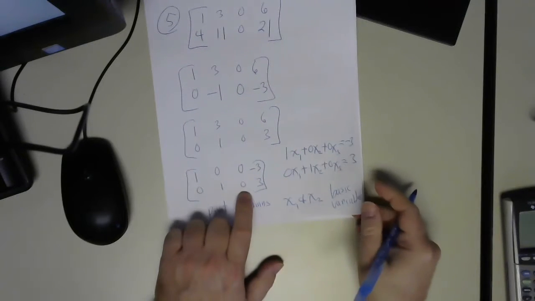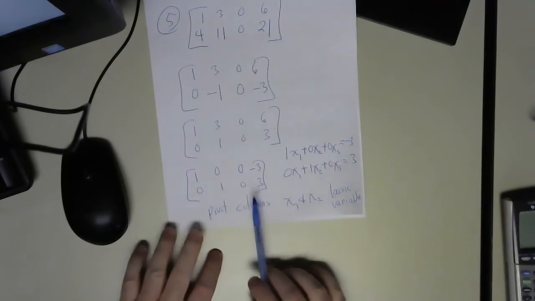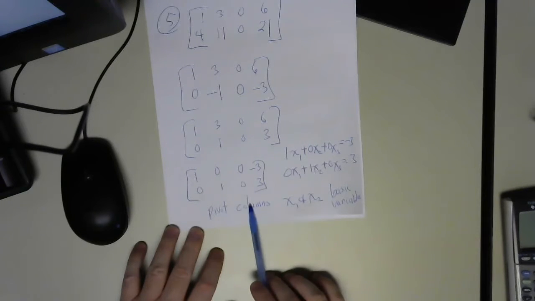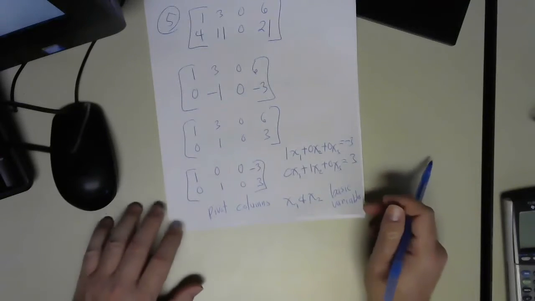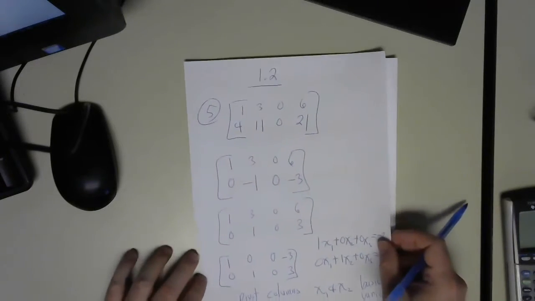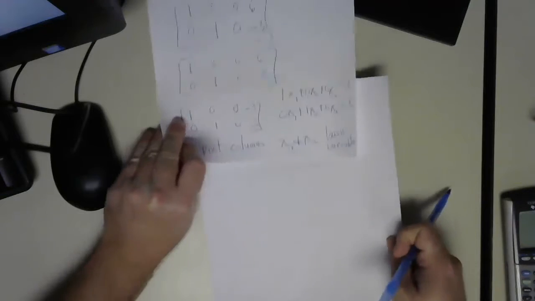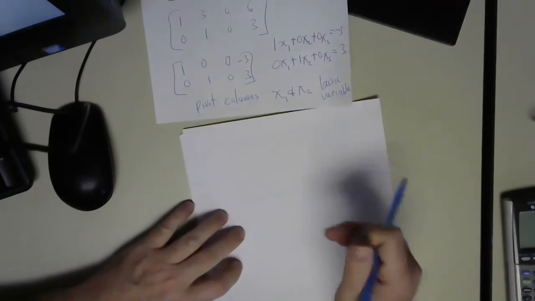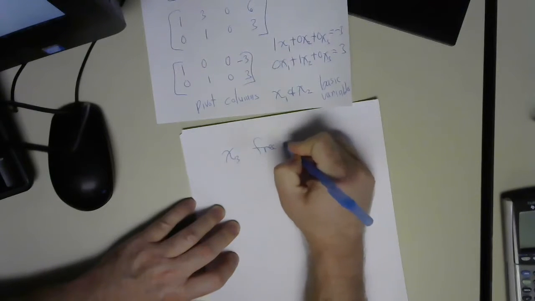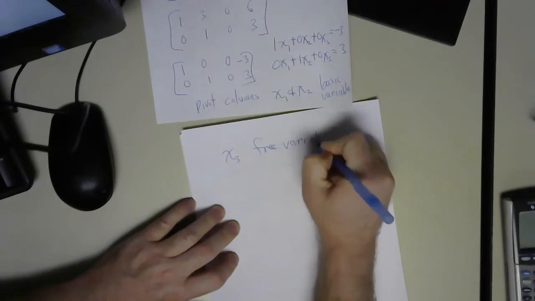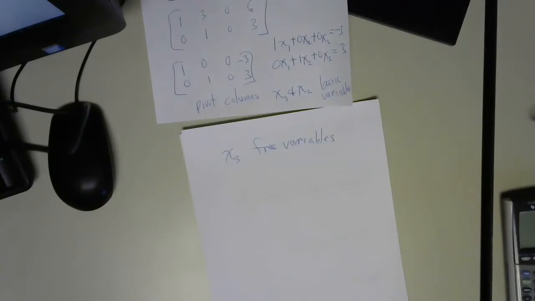Now, column 3 was not a pivot column because we were not able to put it in the form 0, 0, 1. So anytime your column is not a pivot column, the variable that corresponds to it is a free variable. So in this case, the third column was not a pivot column. That means x3 is a free variable. So throwing some terminology at you from the PowerPoints too.